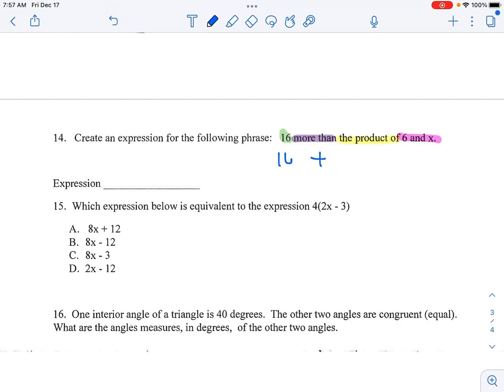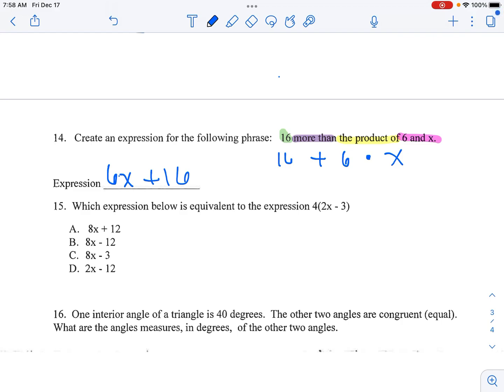The product of means multiplication, 6 and x. Now remember, we're going to take that x out for times because we don't want to be confusing. So I'm actually going to use a dot for my multiplication. So 16 plus 6 times x, or 6x plus 16.